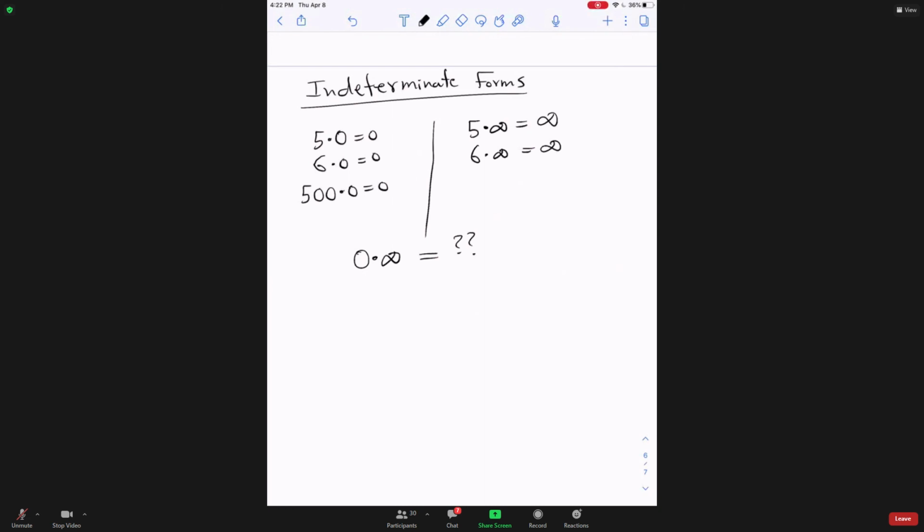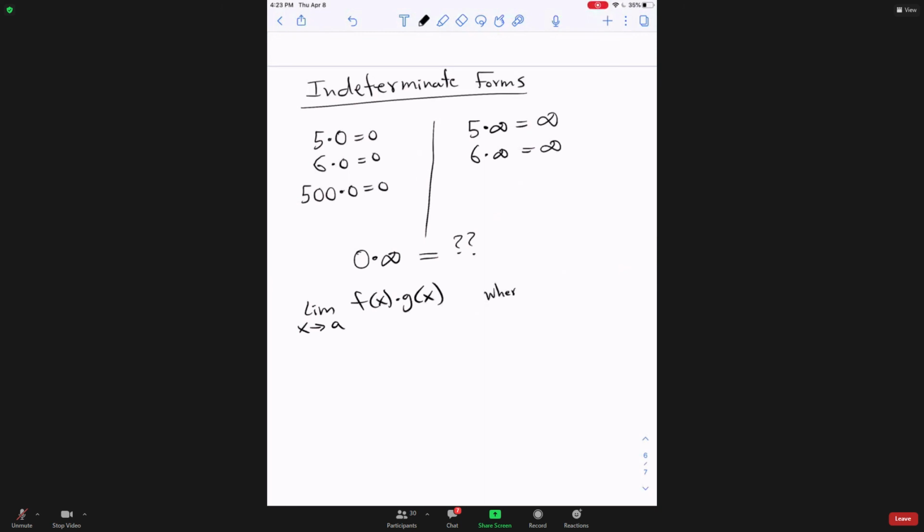Now, before I get to those 0 times infinity scenarios, when you have a situation like that, you can always write, suppose you have the limit as x approaches a of f of x times g of x, where one of them is going towards 0, one of them is going to infinity.